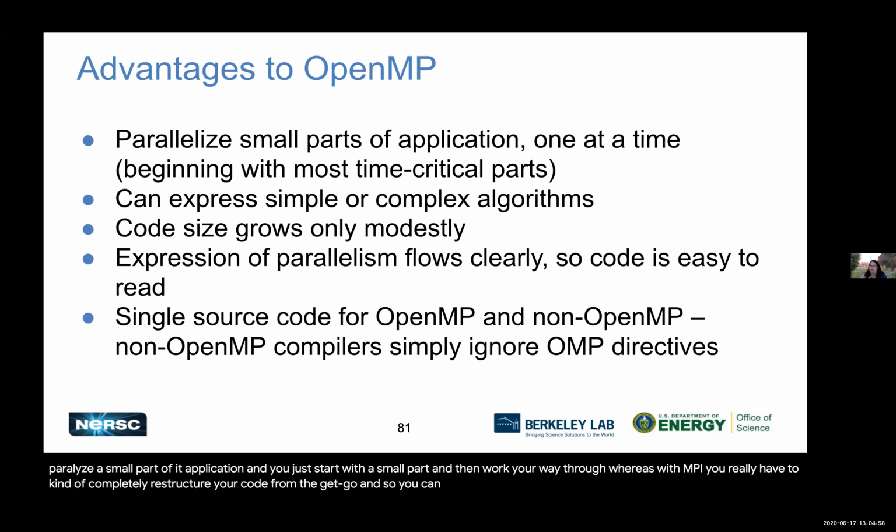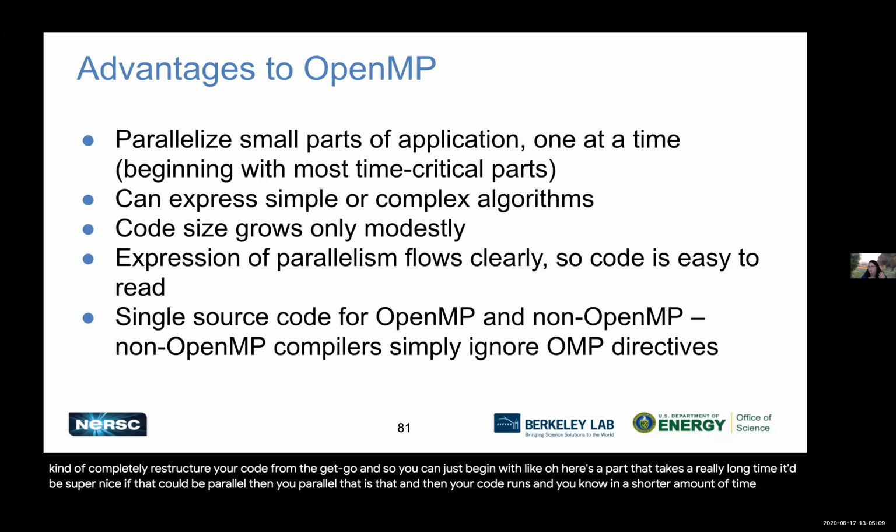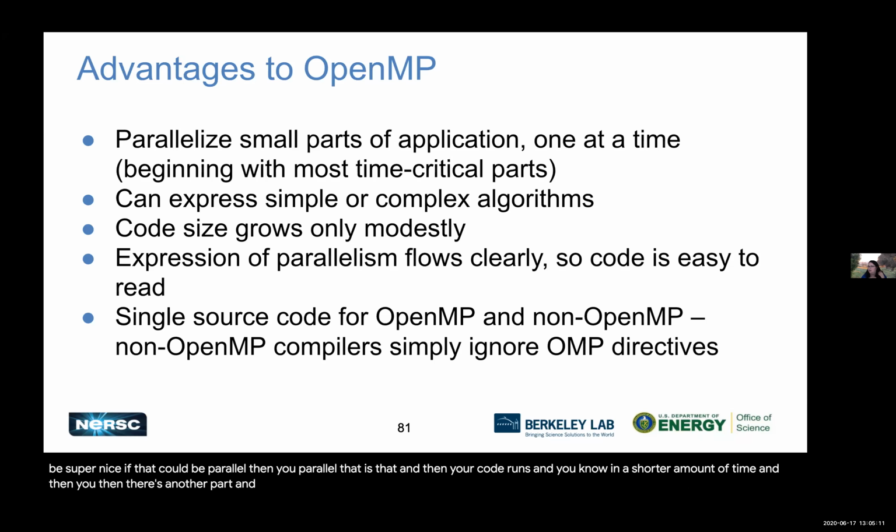So you can begin with, oh, here's a part that takes a really long time. It'd be super nice if that could be parallel. And you parallelize that, and then your code runs in a shorter amount of time. And then there's another part, and you say, oh, I'm going to parallelize that part. So it's really great because you can do that iteratively.